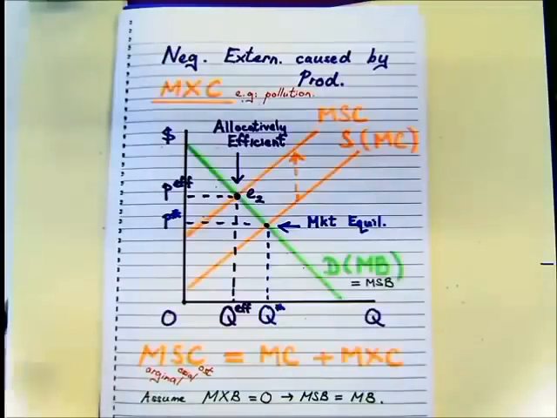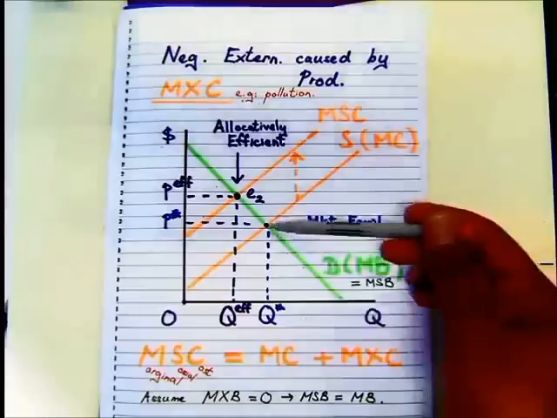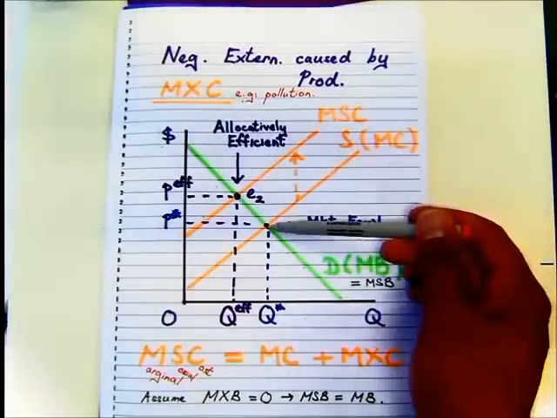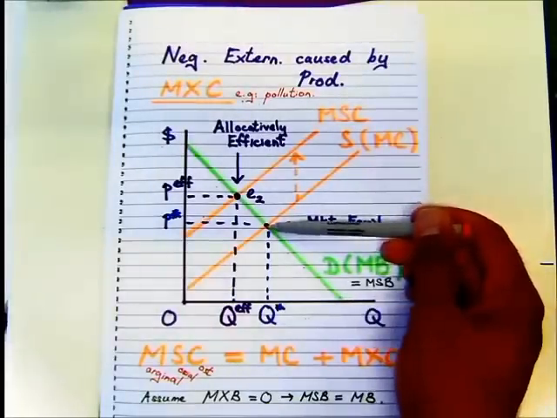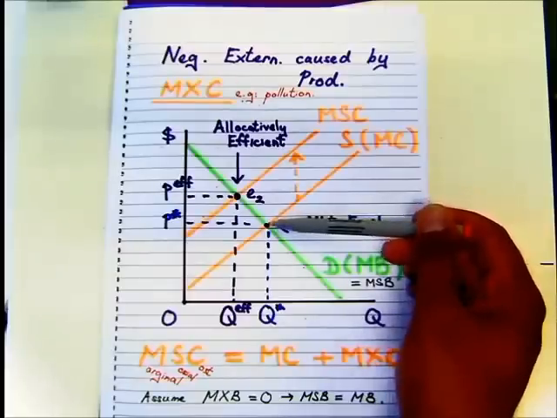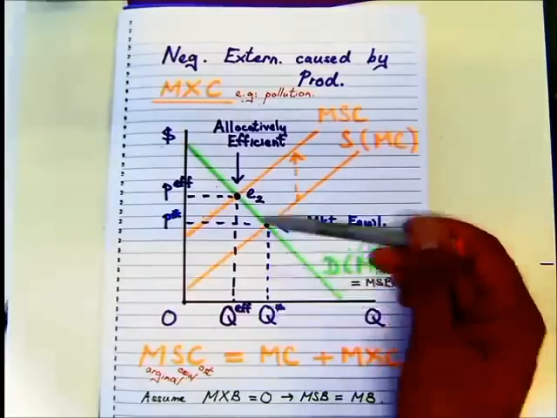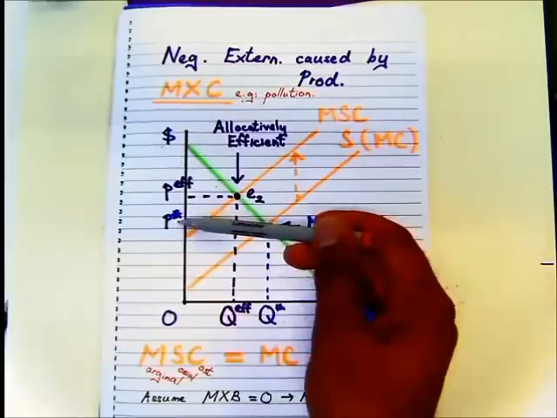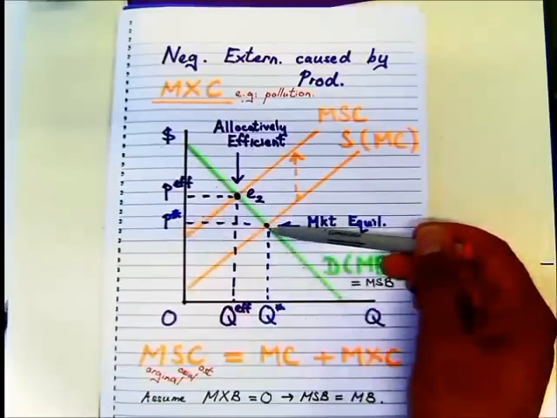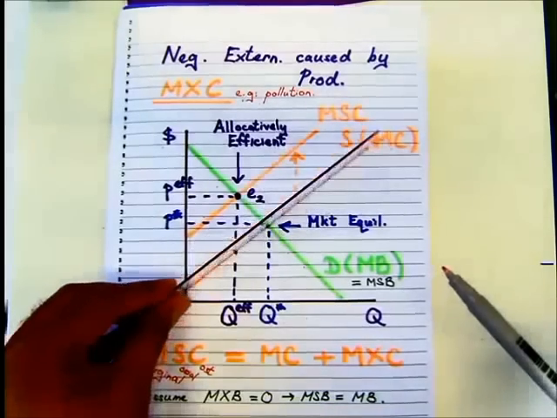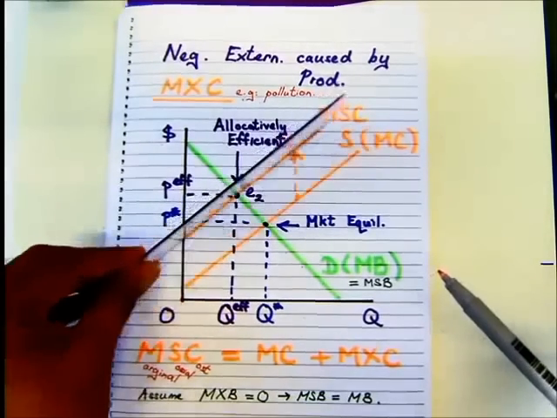So, just to recap, the firm is here. The firm has no care about the negative externality it's causing and the harm it's causing the fishing industry. The firm is producing at this point, producing Q star and charging a price of P star. If we took the negative externality into account, the marginal cost curve would actually be much higher.